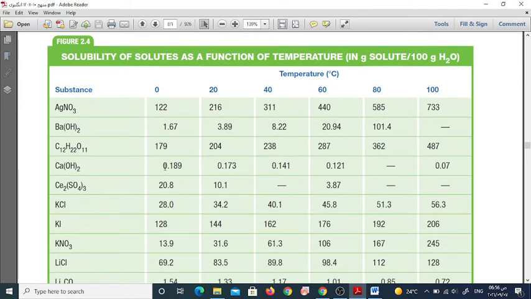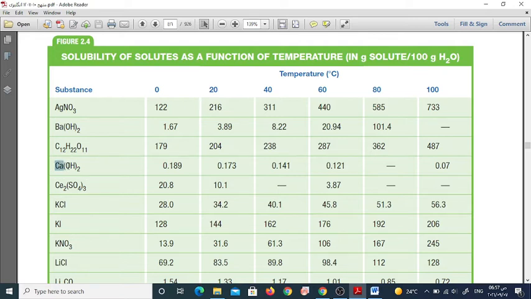Here we have the solubility of solutes as a function of temperature. Actually, the solubility of solutes does not always increase when we increase the temperature. For some specific salts, when we increase the temperature, the solubility decreases.